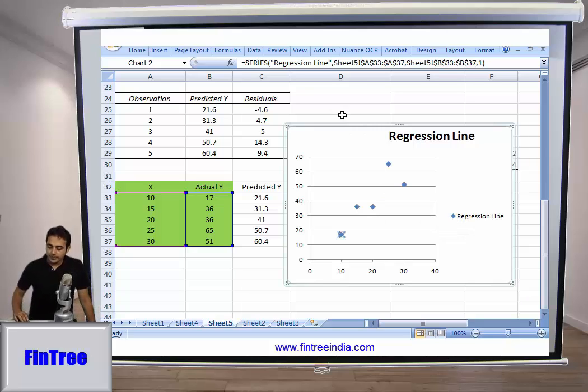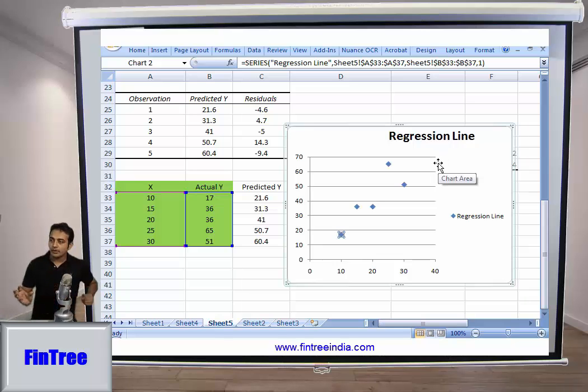Now what is regression? You want to draw a line within these points in such a way that the sum of squared errors should be the lowest possible. That's why it's referred to as the optimal least squares methodology. Now will you agree that there could be multiple lines that could be drawn?